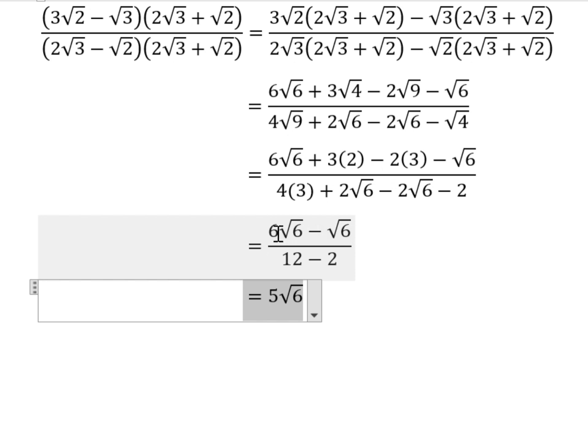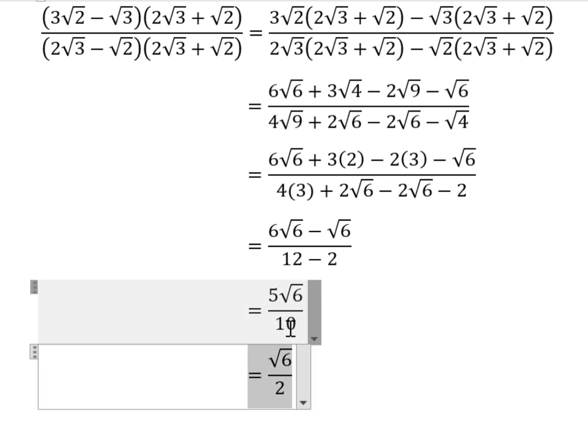So we subtract 6 minus 1, we get 5. Then we maintain the root sign, root 6 over 12 minus 2, which gives us 10. And then at this point, 5 cancels here once, and it cancels here twice. So that will be root 6 over 2. That is the answer.